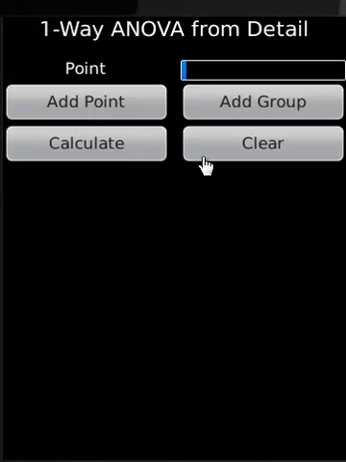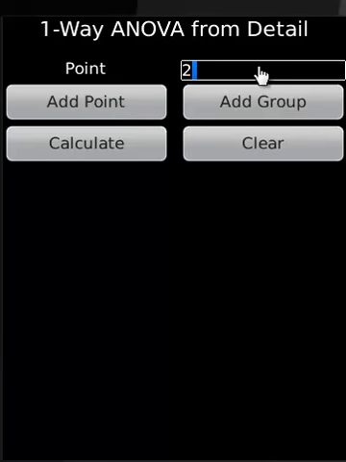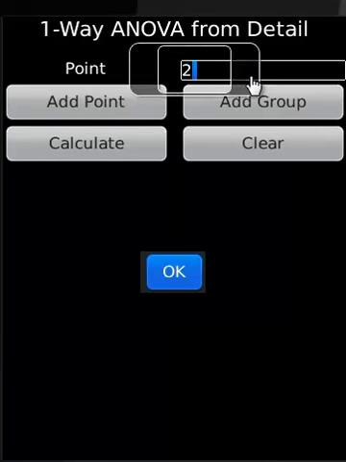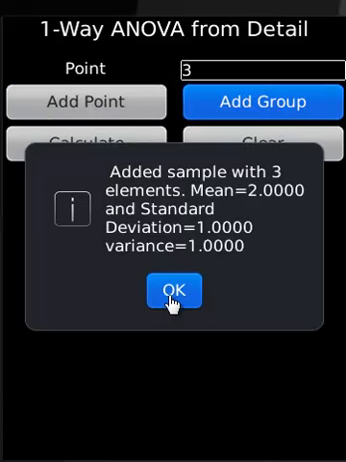One-way ANOVA from detail. Here what we do is we add the data points and the groups, and then let the application calculate the summary as well as calculate the one-way ANOVA for us. So 1 is first data point, 2, 3, we added 3, now add it to a group.